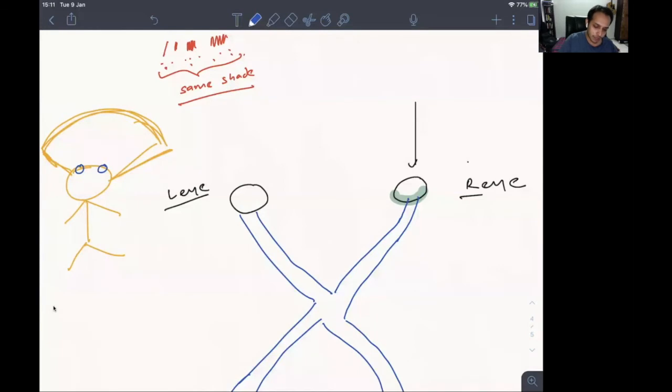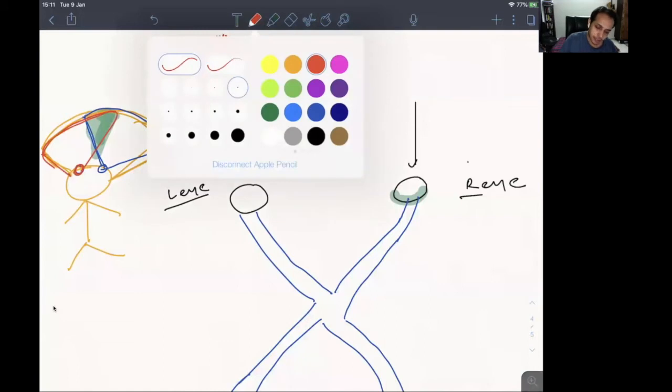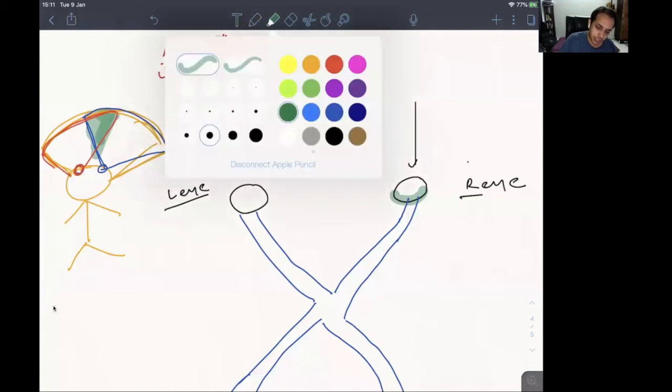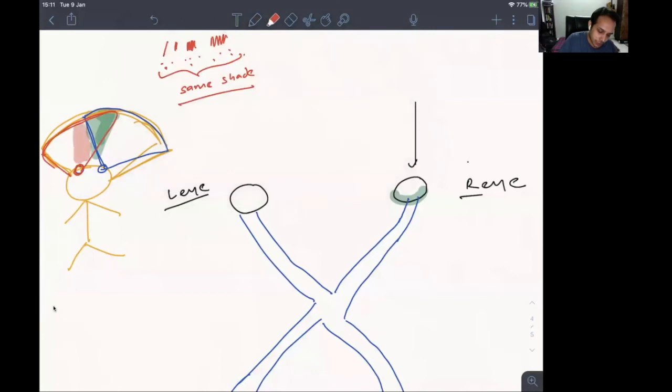So the right eye will cover, say, this much, and the left eye will cover this much. What this means is that there is a place in the center where both the fields will overlap, but in the extremes, there are fields that are independent to each eye.